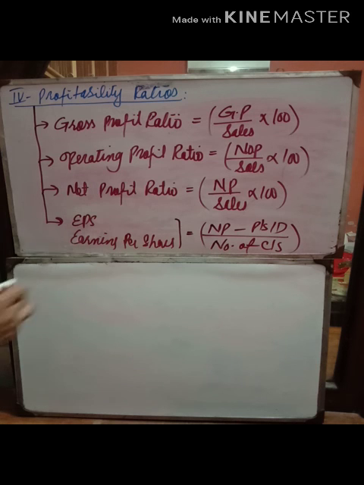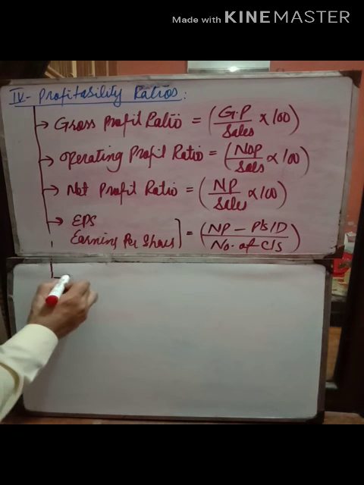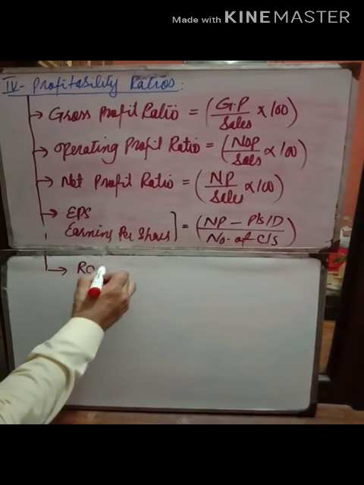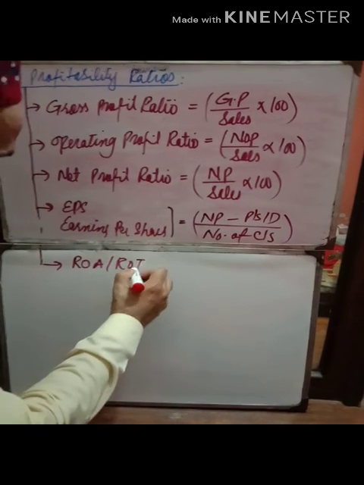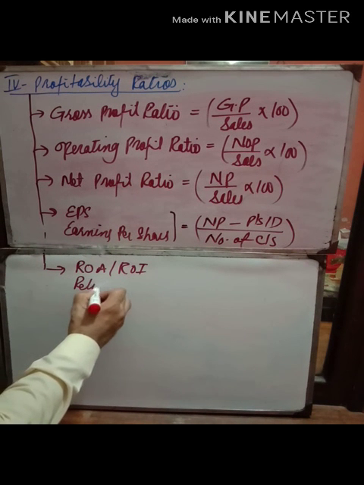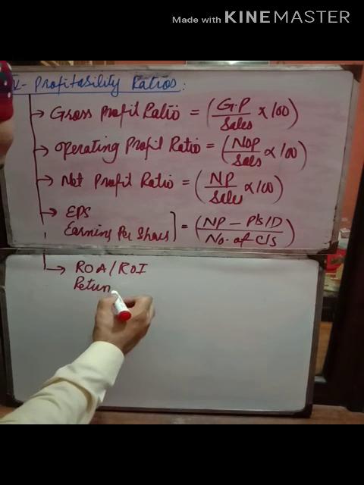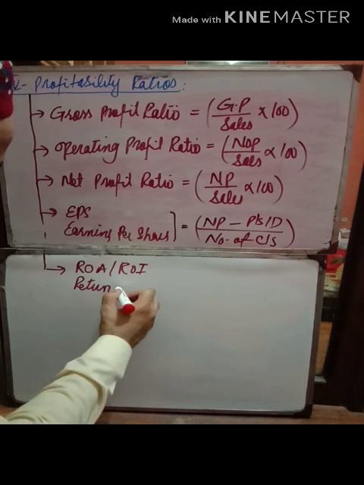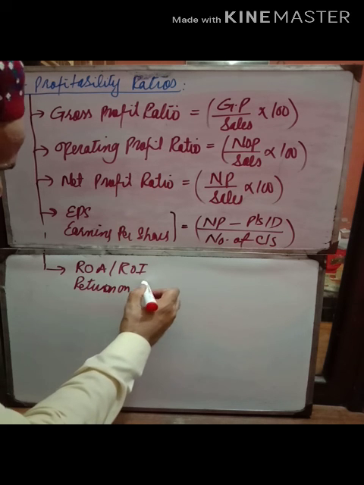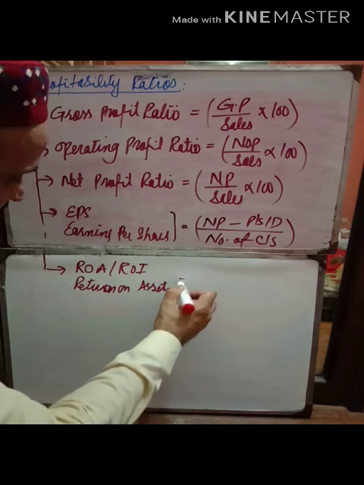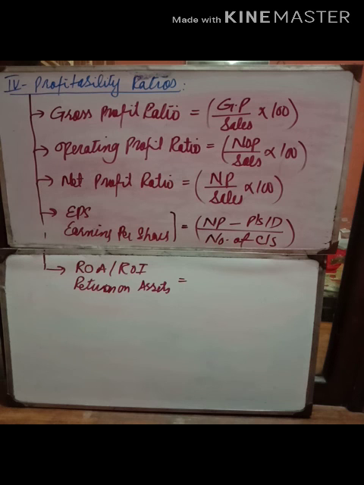After earnings per share, we have the next ratio, that is ROA or ROI, which may be called return on assets, or return on investment, ROI, or it may also be called the earning power.